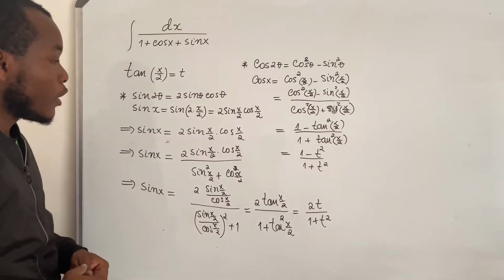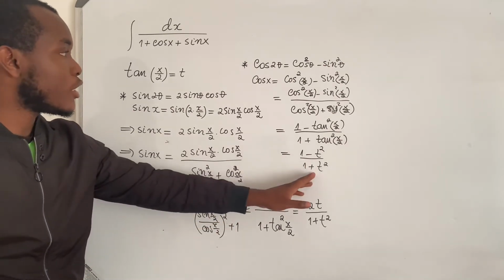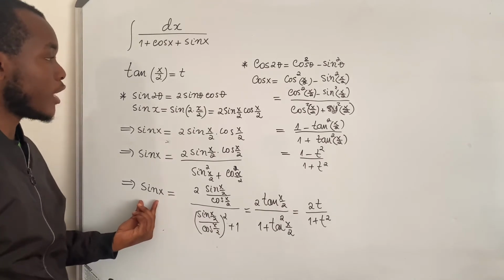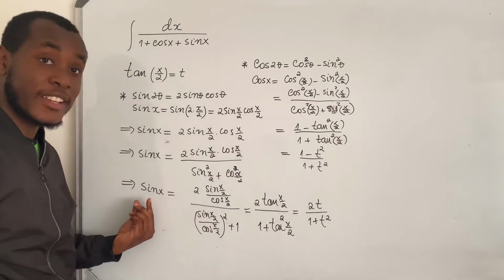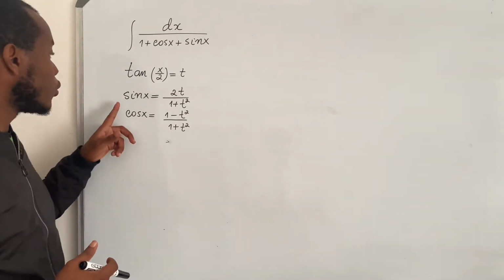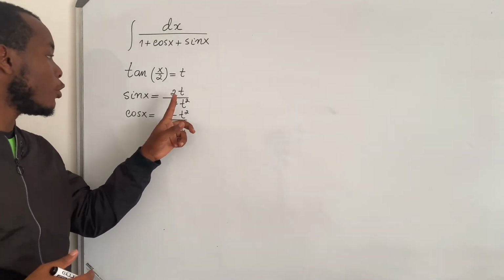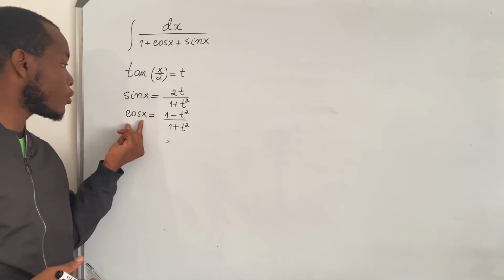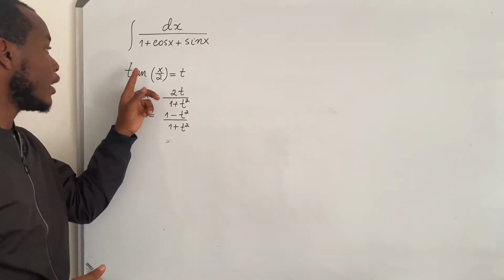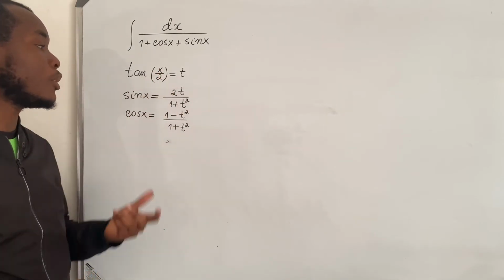All right, so that means we have this expression for cos of x, and we have this expression for sine of x. After demonstrating, we concluded that sine of x will be 2t over 1 plus t squared, and cos of x will be 1 minus t squared over 1 plus t squared, when we let tan of x over 2 be equal to t.